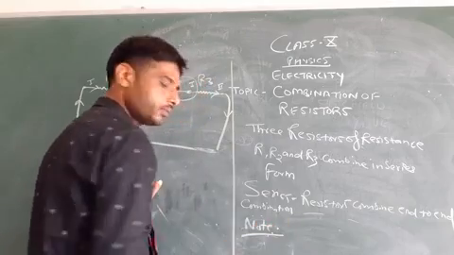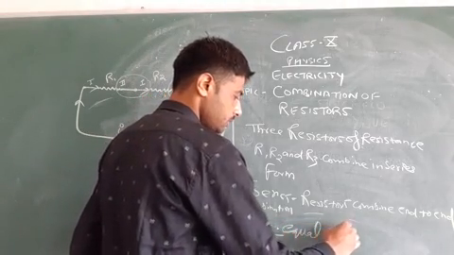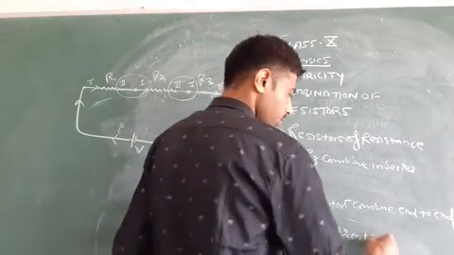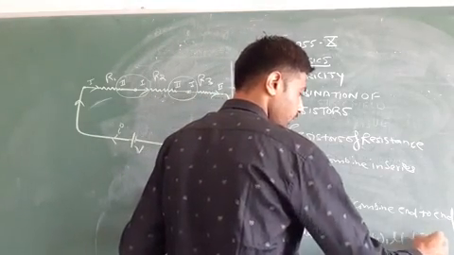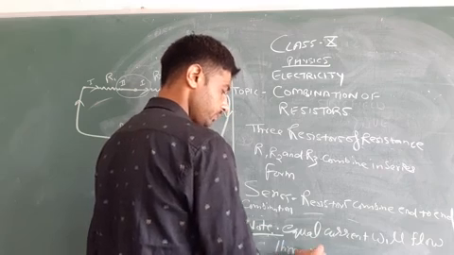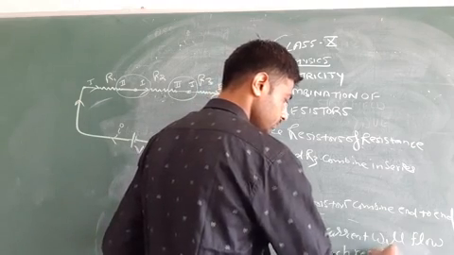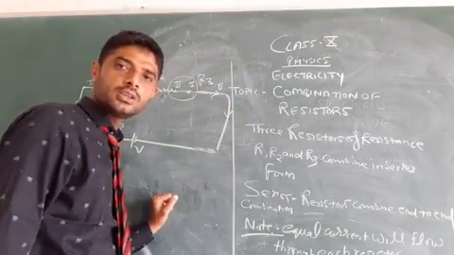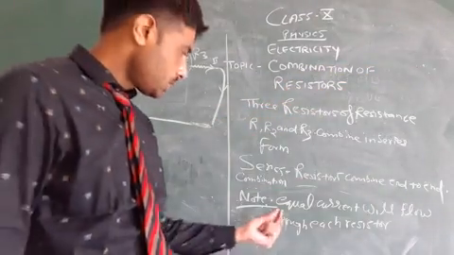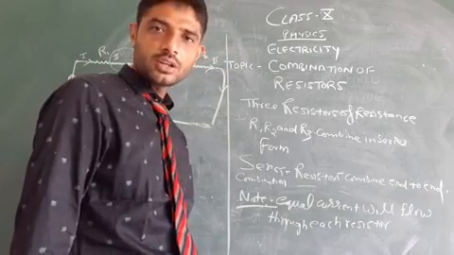You can note: equal current will flow through each resistor.